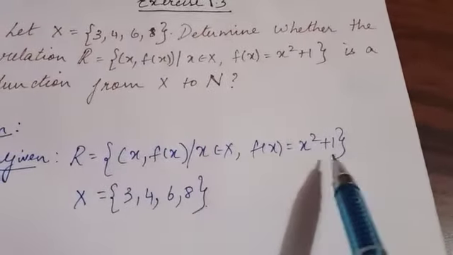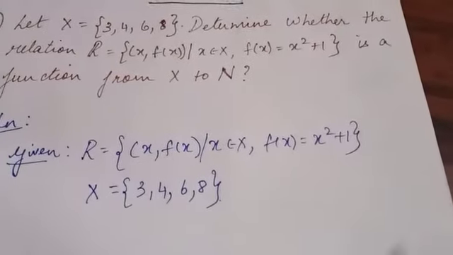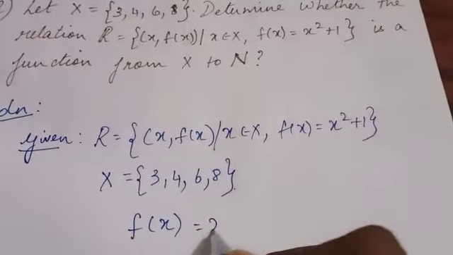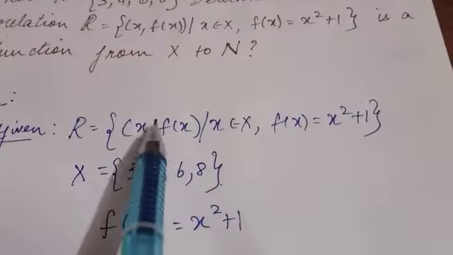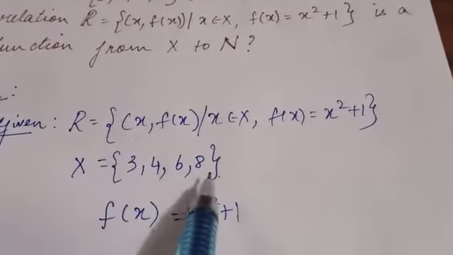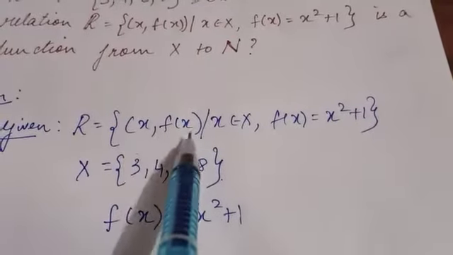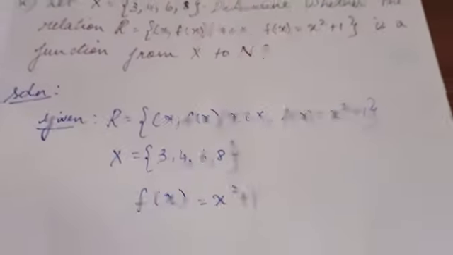They have given an equation for f(x), that is, f(x) = x² + 1. So I am writing the equation here: f(x) = x² + 1. Now we are given the values of x, and using these values we have to find the values of f(x) by substituting in this equation.